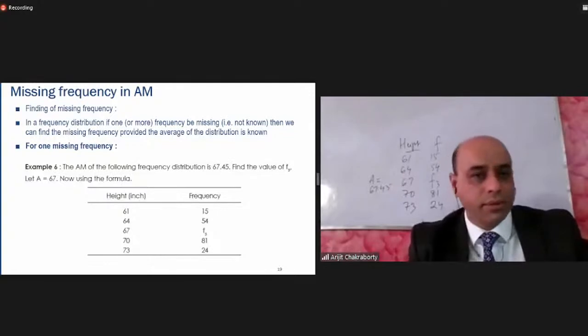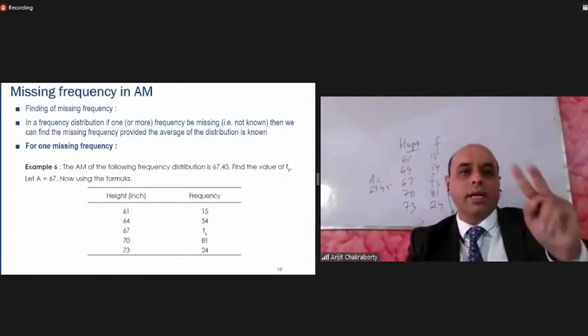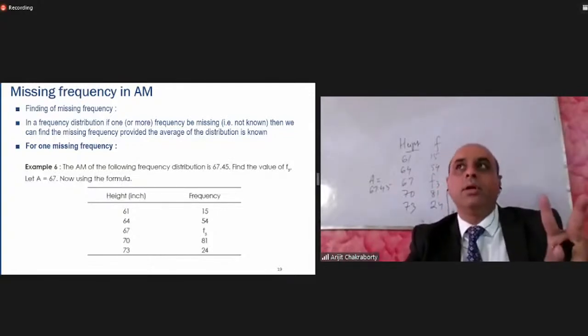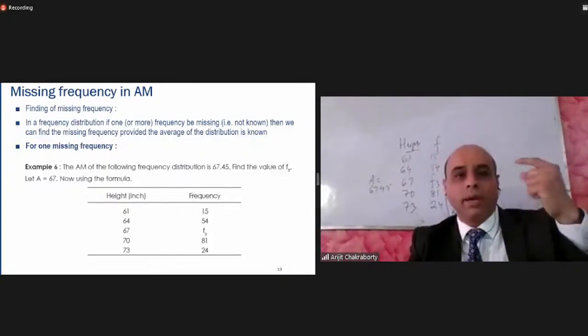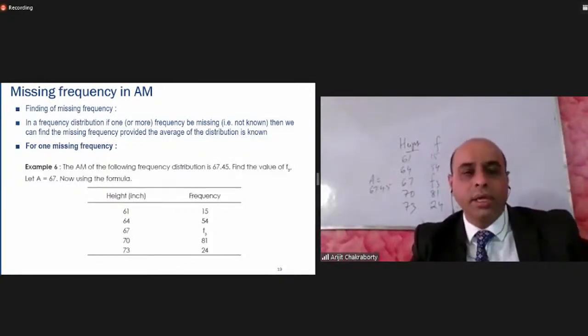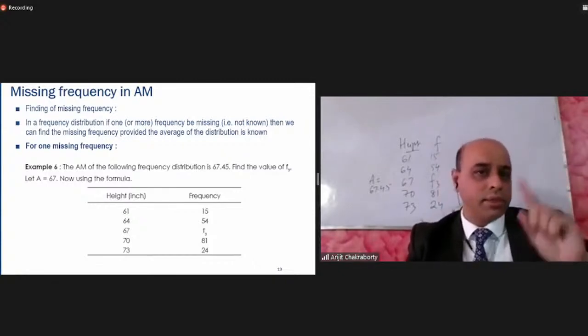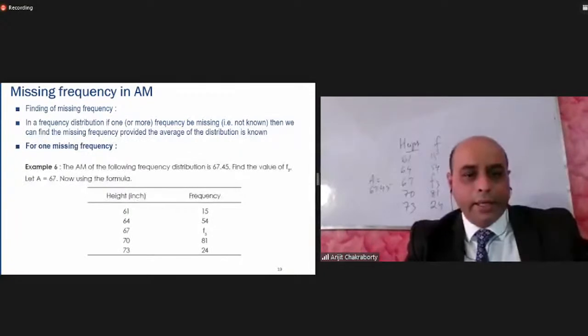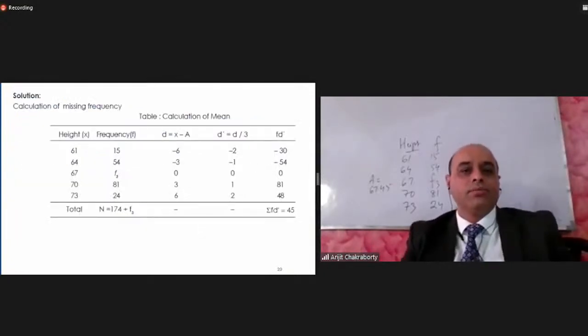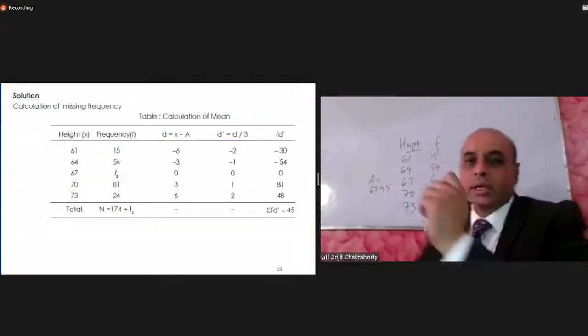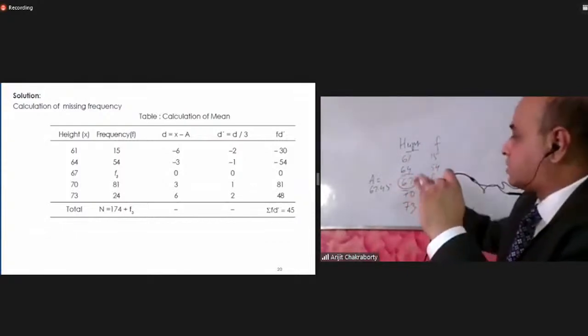We will take two types of examples. The first is how to handle a single missing frequency, and then we will see how to handle two missing frequencies. For one missing frequency, we use the step deviation. Here we will take 67 as the assumed mean.